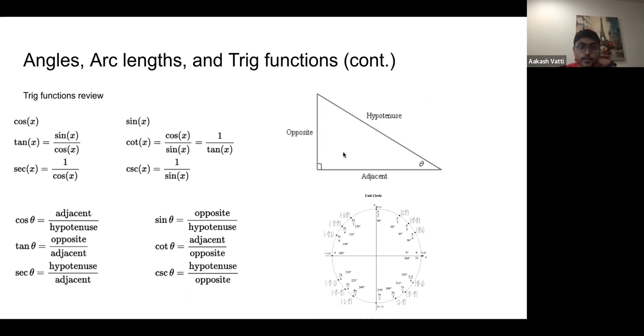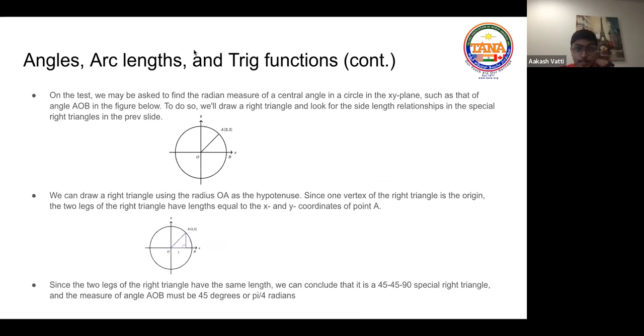All right, so here is an example of what the SAT might ask us. On the test, we might be asked to figure out the radian measure of a central angle in a circle in the XY plane, such as the angle AOB in the figure below.